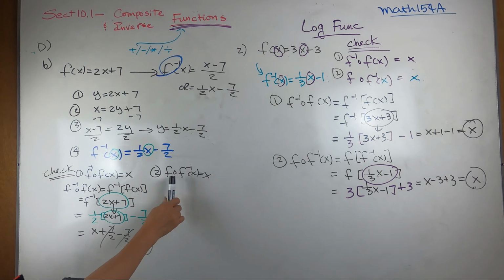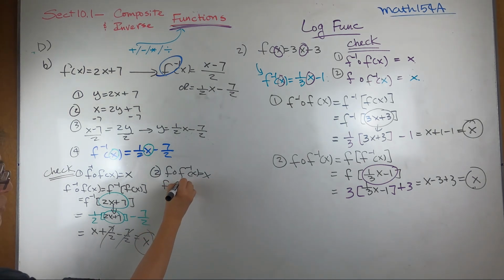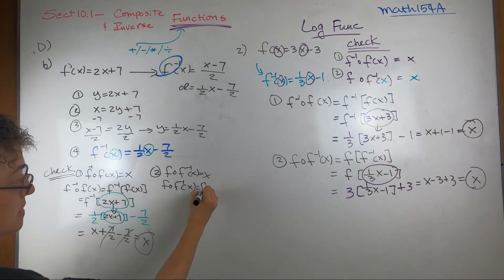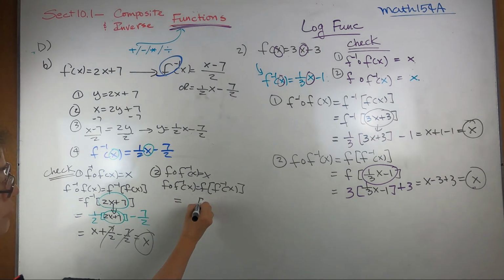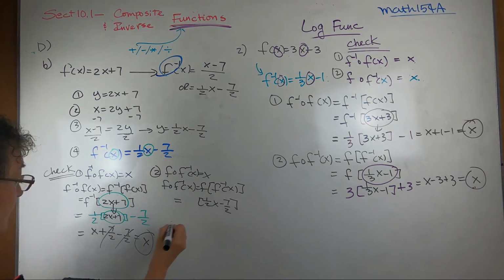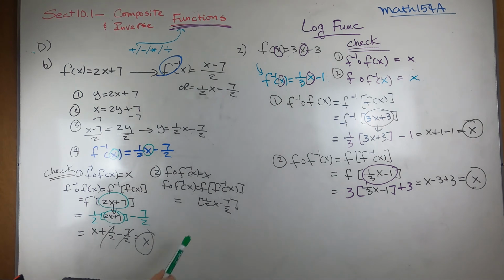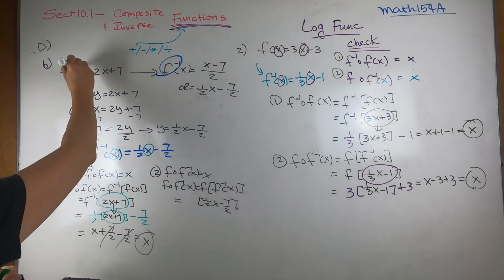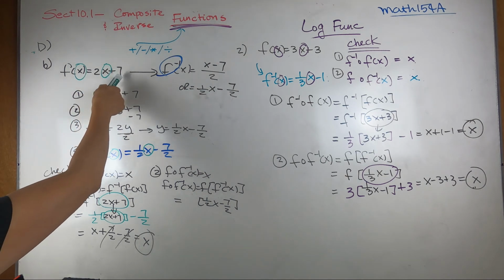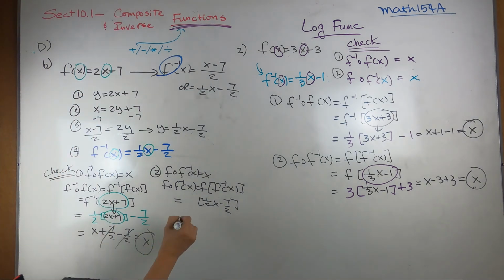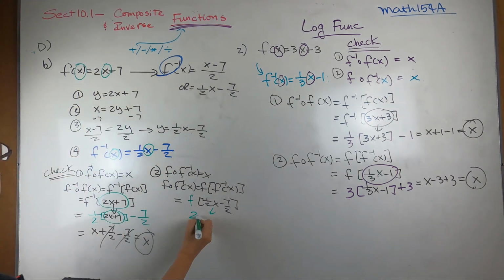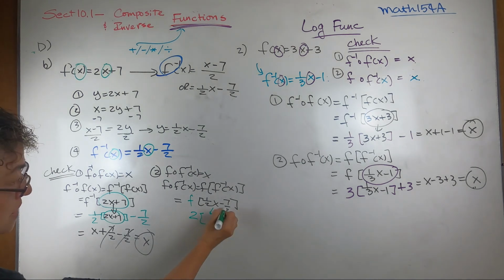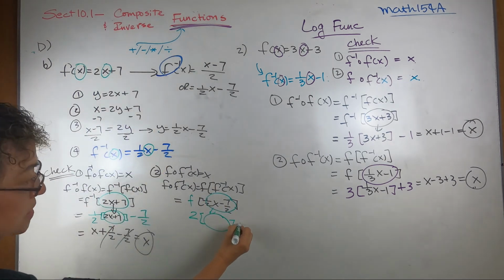How about check this one? F of F inverse of x. So you would do F inverse of x first, right? So what is your F inverse of x? It's half of x minus 7 halves. Then F says, whatever you give to me, I will trace it, then plus 7.